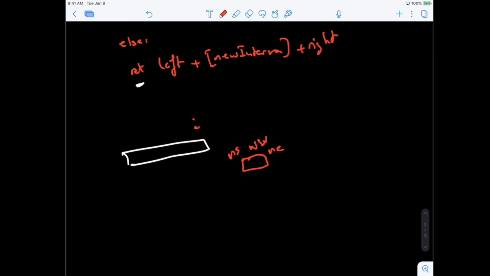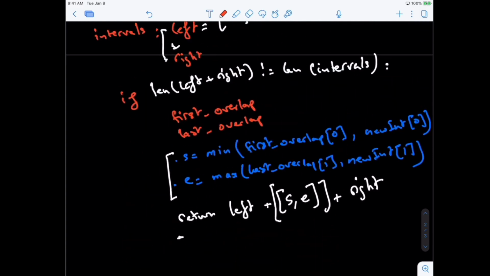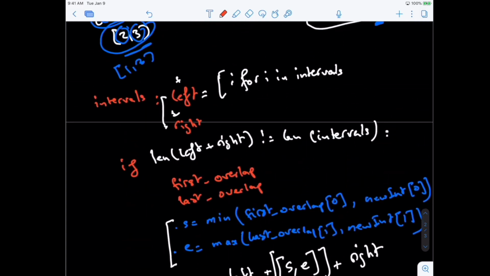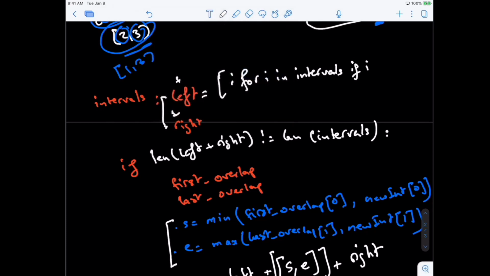Then we just need the interval end to be smaller than the new interval start. If that's the case, that means strictly smaller, that means it's strictly to the left of it. And so this is if the end of the interval is smaller than the new interval start, which is 0.